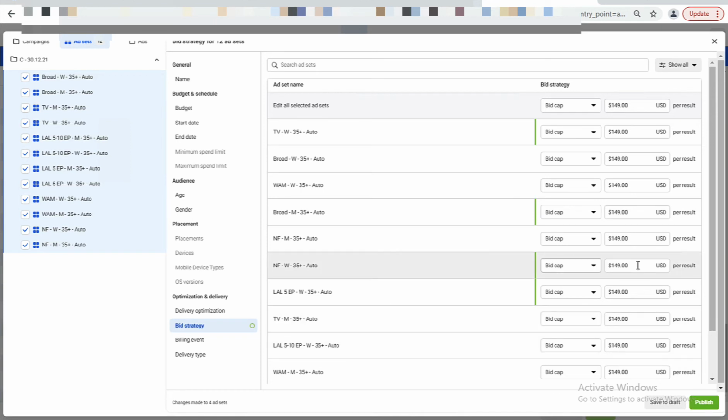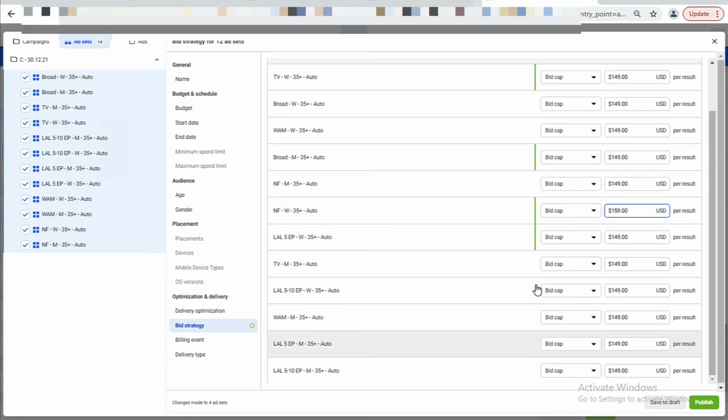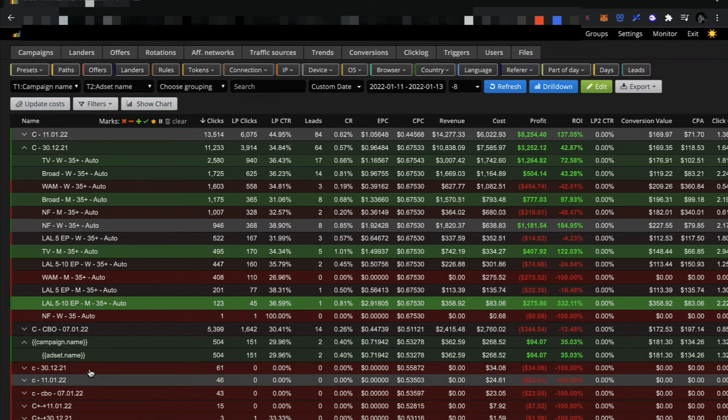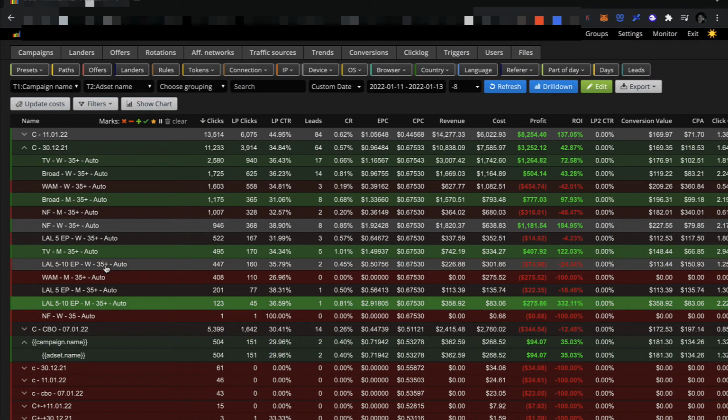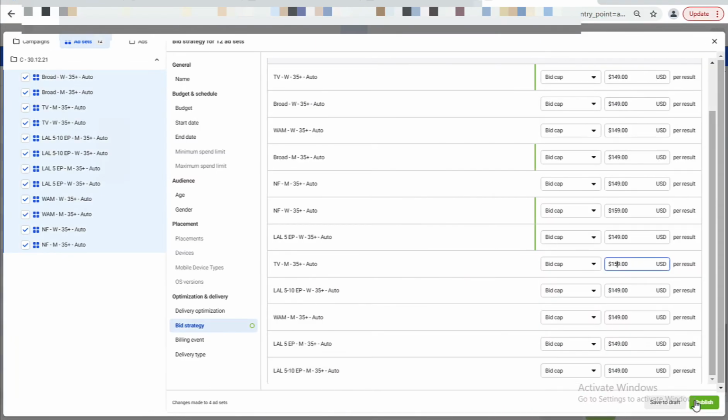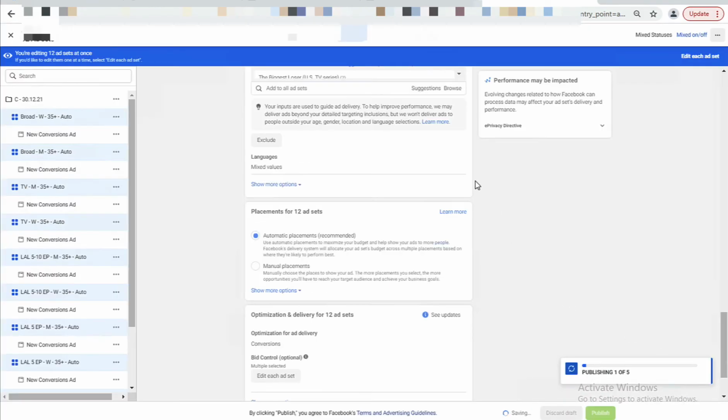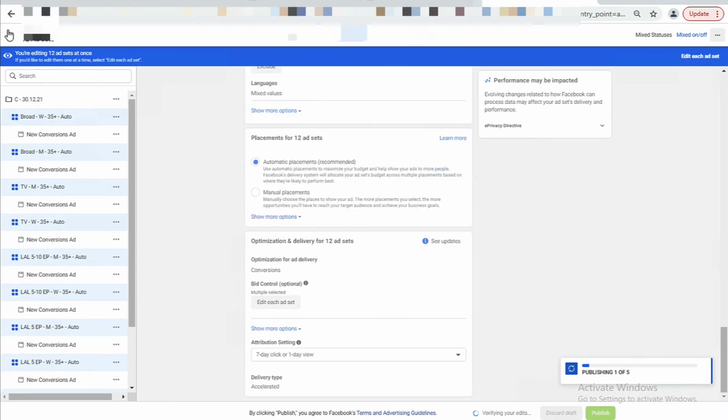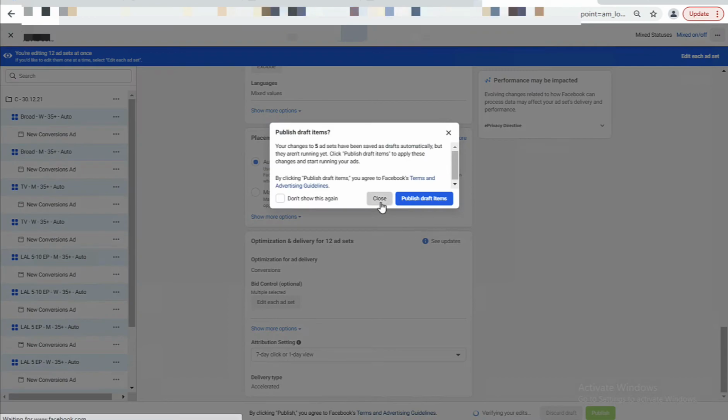And then NF Women, I'm just going to bump to 159. And in fact, I am going to take that TV Men to 159 as well, because I believe it was TV Men. Better double check just in case. TV Men, yes. Okay. So publish that. And that is that campaign played around with.